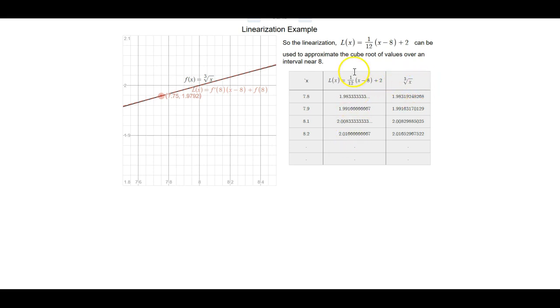In this case, I know that this is an approximation to the cube root function near 8, so I can plug in values near 8 instead of just doing it one at a time in a calculator. Again, it's kind of hard to justify doing this now that we have technology, but you can see that the tangent line is a real close approximation to the cube root of x near 8.